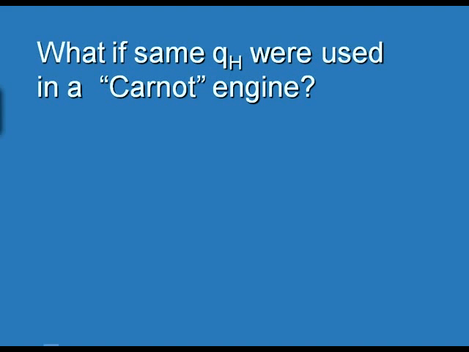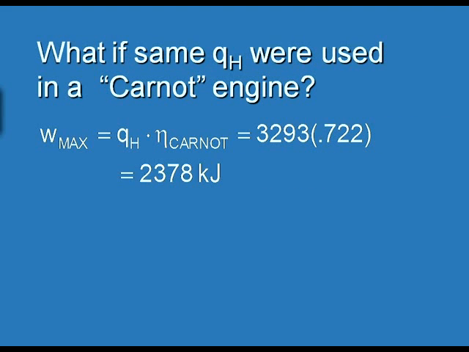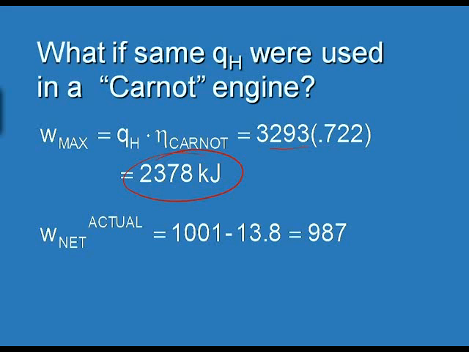What if the same QH were used in a Carnot engine? Take our same QH, the 3293 kilojoules per kilogram, and we would have produced 2,378 kilojoules of power. Now let's look at the work net that we actually got. That was the 1,001 out of the turbine minus the 13.8 used to run the pump. We got 987. What's the difference?